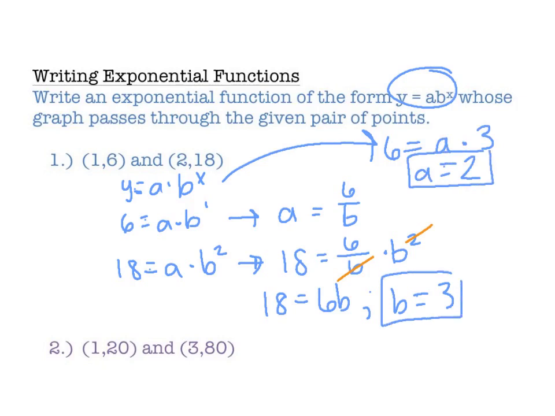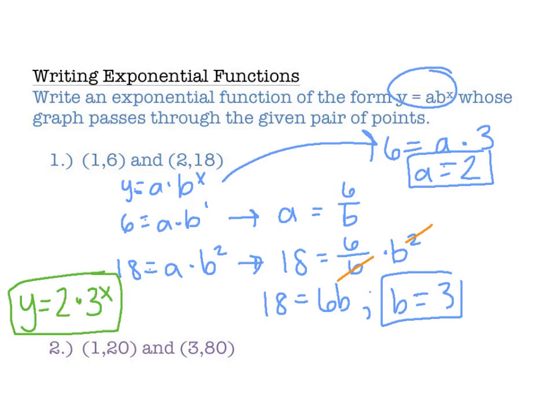So now I have a and b values. Now I just need to go back and write that equation and plug in my 2 solutions. So now I'll have y is equal to a, which was 2, times b, which was 3, to the x power. And that's my exponential equation that passes through those 2 points.